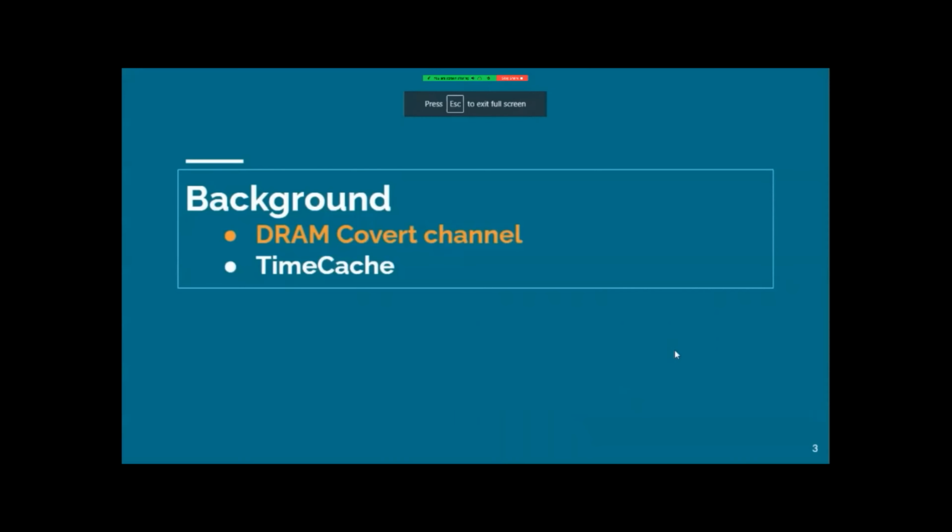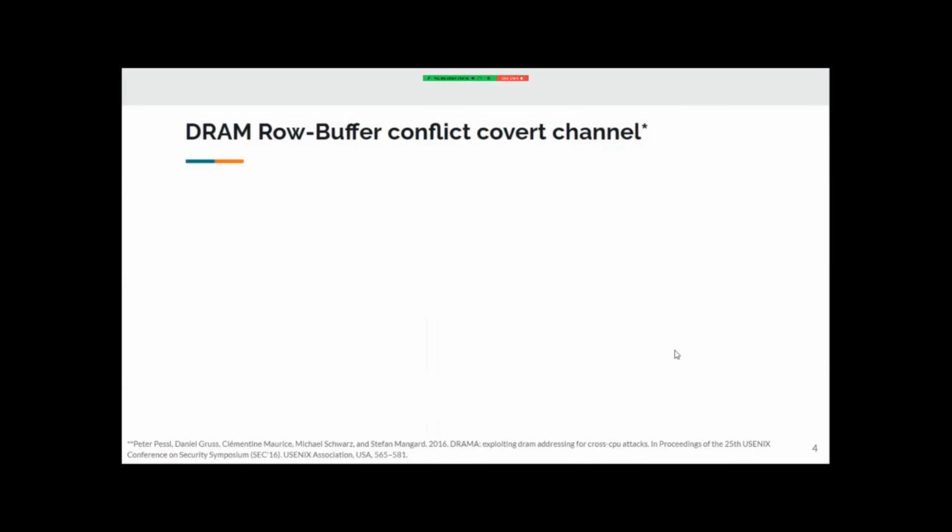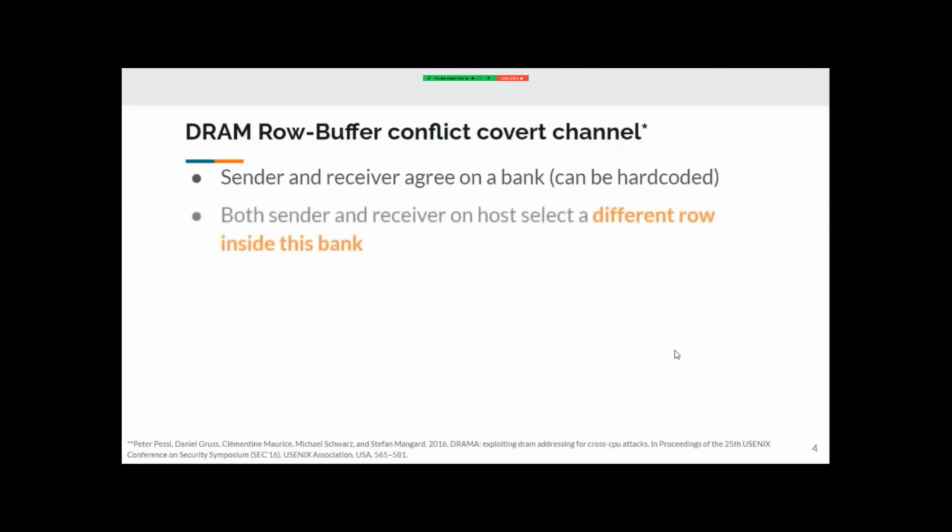Let's get some familiarity with the background knowledge required to understand the Golmaal covert channel. Row buffer conflict covert channel. The sender and receiver processes agree on a bank in a channel. They decide on different rows in this bank. The receiver will continuously access its row.